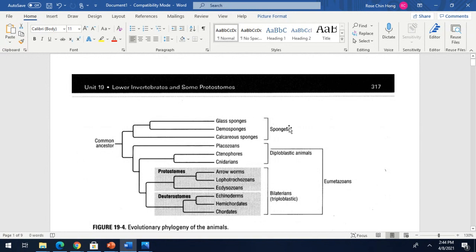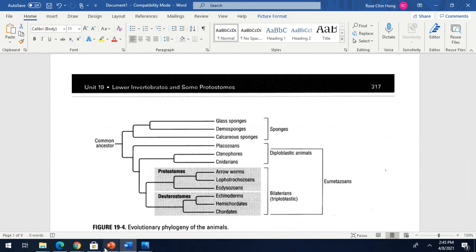These are the parazoa, which means next to the animals, and they're also called porifera, which means pore bearers. All right, so all of these we'll cover for the rest of the semester. Today we'll cover the sponges, the diploblastic animals, and some protostomes in this clade here.